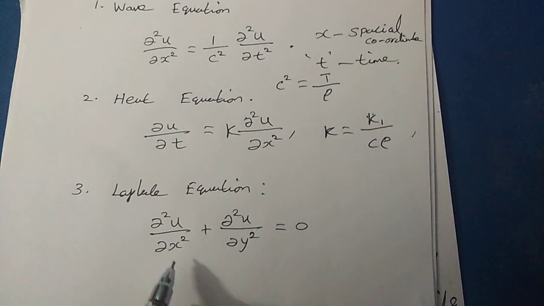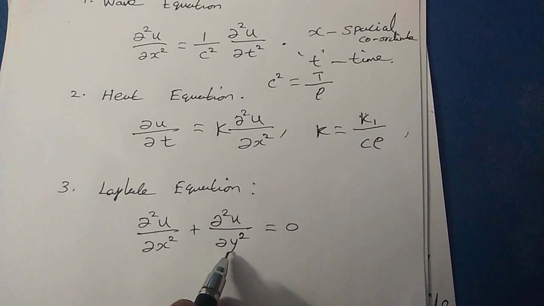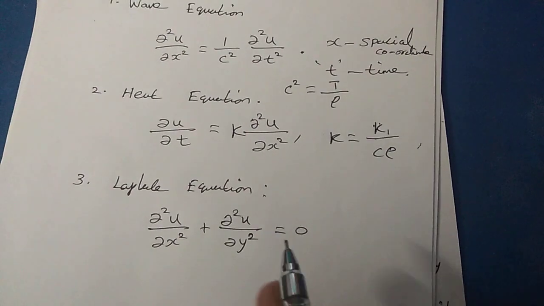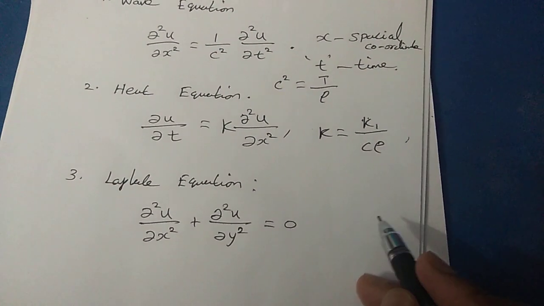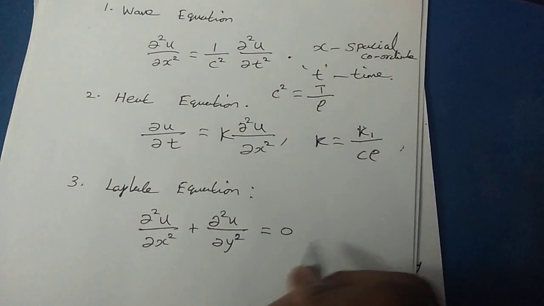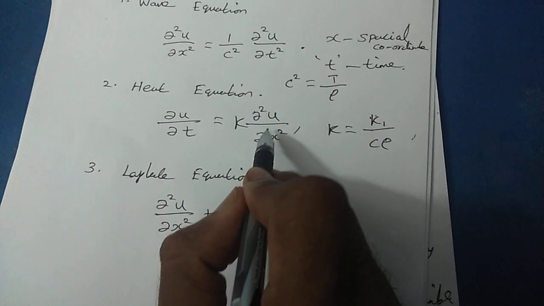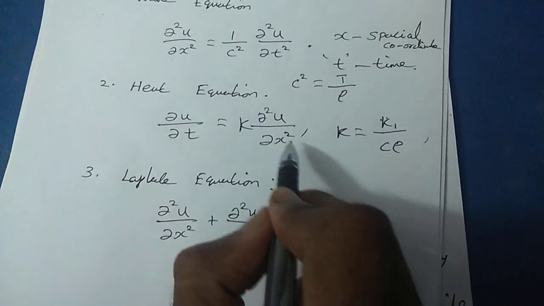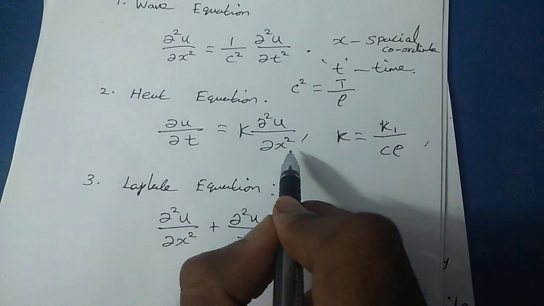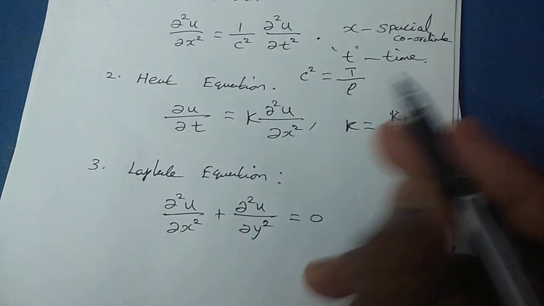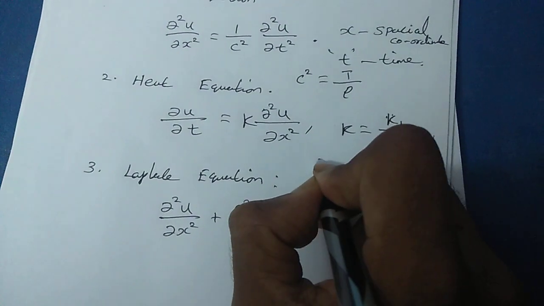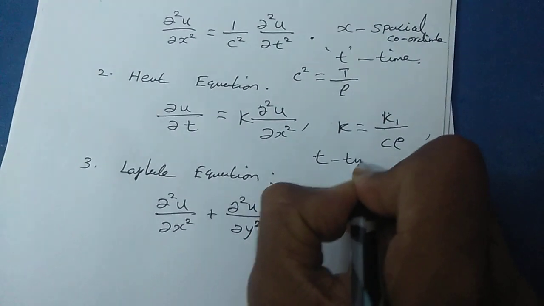Why is it two-dimensional? Here the spatial coordinates are x and y. Two spatial coordinates are involved, so it's a two-dimensional Laplace equation. And the heat equation is one-dimensional, since the number of spatial coordinates is only one. x is the spatial coordinate and t is the time variable.